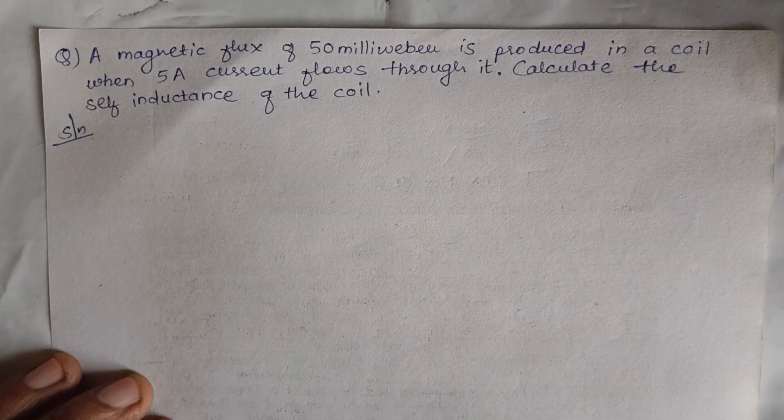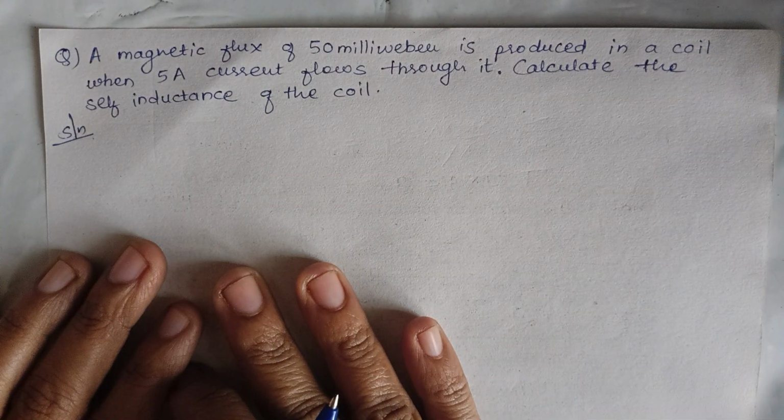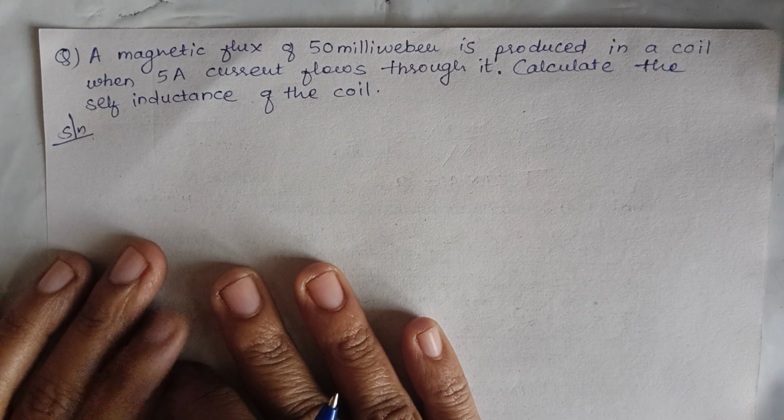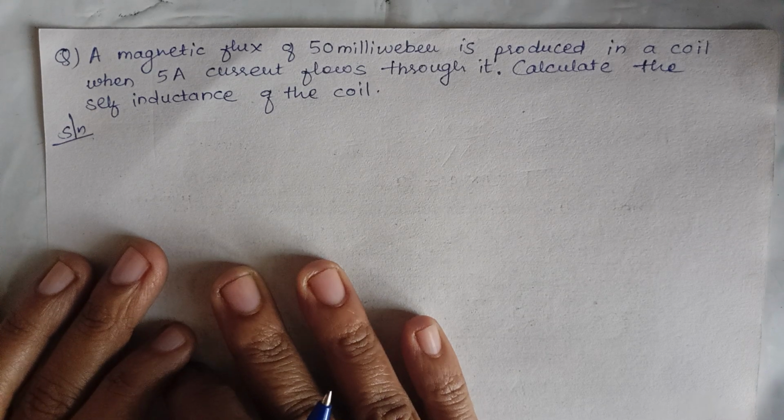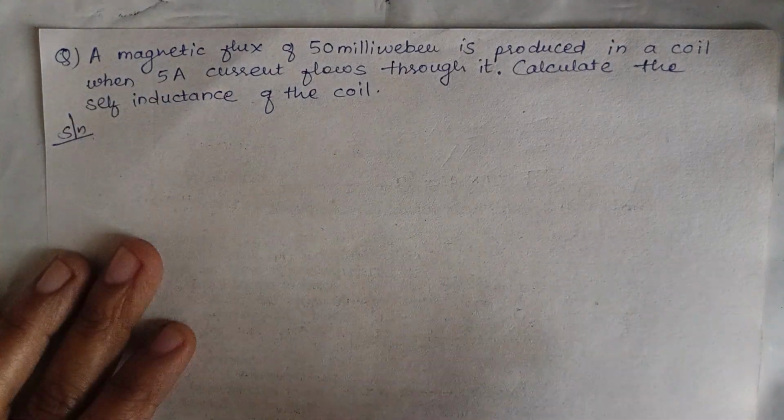Next question. A magnetic flux of 50 milliweber is produced in a coil when 5 ampere current flows through it. Calculate the self-inductance of the coil. So this question is based on the self-inductance, right? So how do we write the magnetic flux in terms of self-inductance? Phi is equal to Li, right?